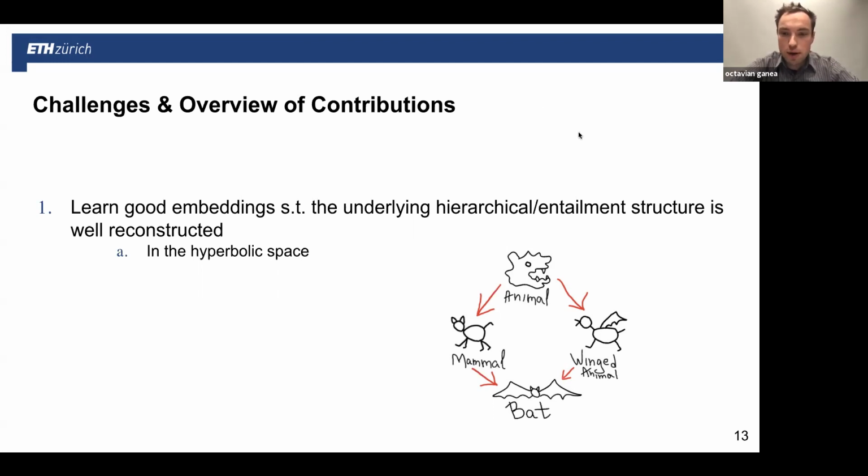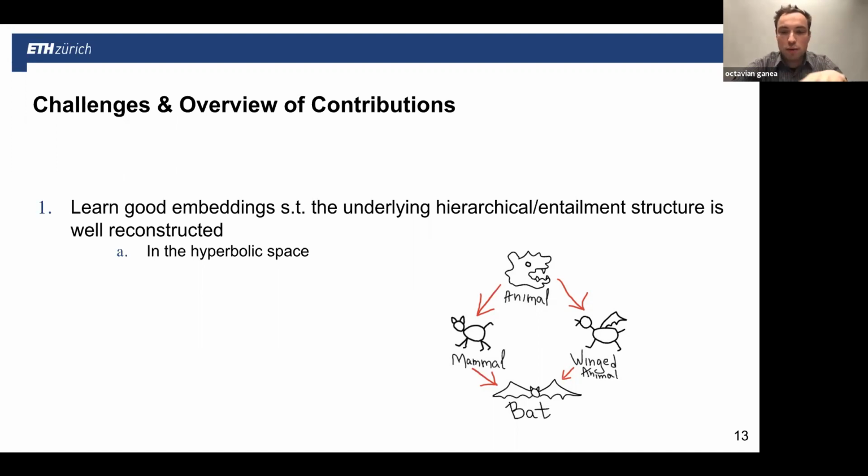In this example, let's say we have the WordNet tree, and we have the node that represents animal, the generic concept of animal, and then we have sub-concepts which are mammal, or maybe some class of animals that have wings, like birds, and then we have a subclass of both of these, which is, let's say, the bat.